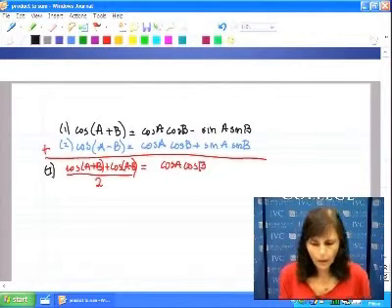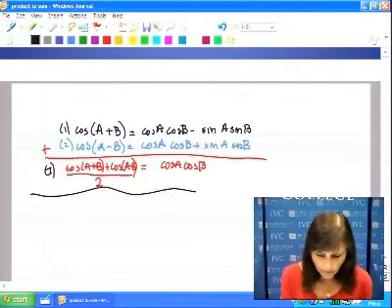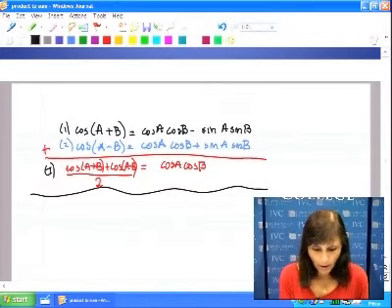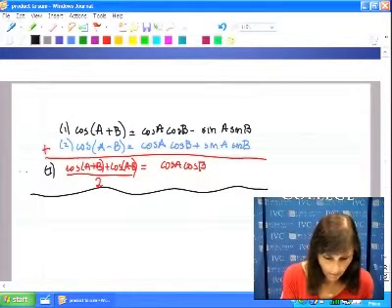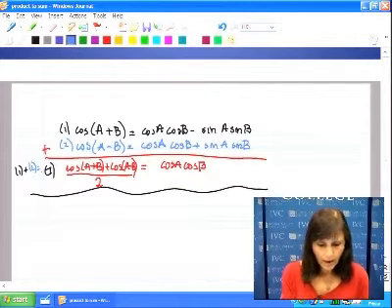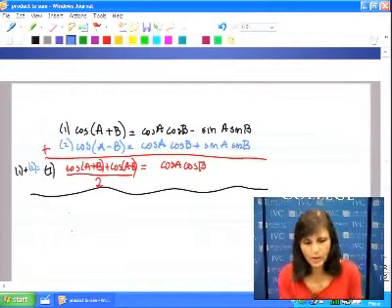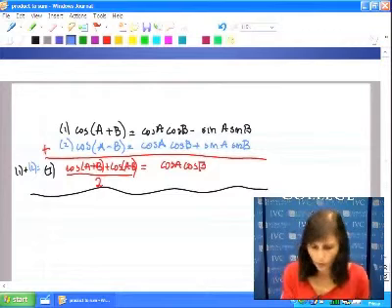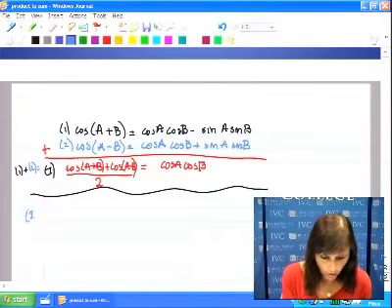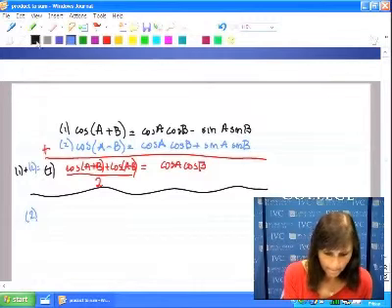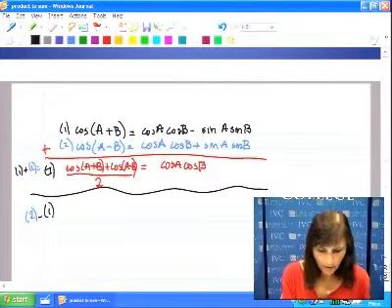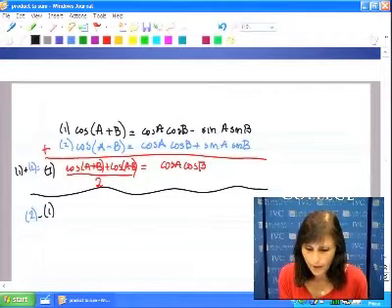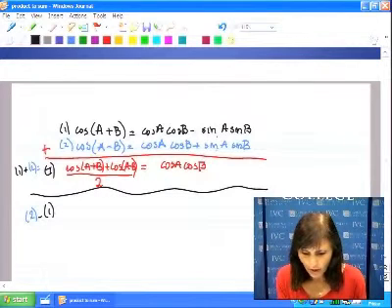Okay, now I'm going to do something similar. I got this by adding 1 and 2, remember? This time, instead of adding 1 and 2, I'm going to go 2 minus 1. So 2 minus 1, the sine is going to be doubled.